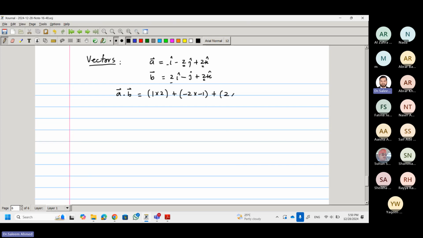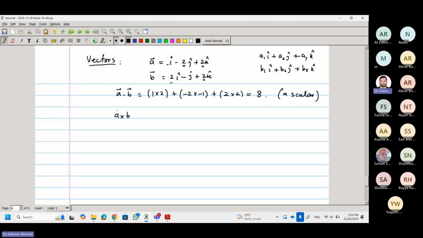So no ijk here. In the dot product, no ijk. If you have a1i, a2j, a3k, and b1i, b2j, b3k, you just multiply a1 with b1, a2 with b2, a3 with b3. It will be a number. So 2 plus 2 is 4, plus 4 is 8. That's always a scalar. The dot product of two vectors is a scalar quantity.